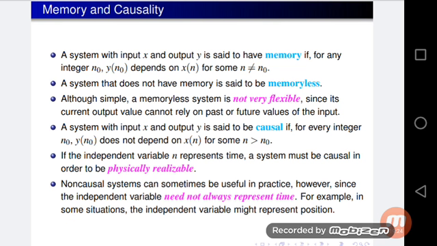But if any system is not using any memory devices, that means it is not storing anything. So these are called memoryless devices, and they are not useful for further communications.